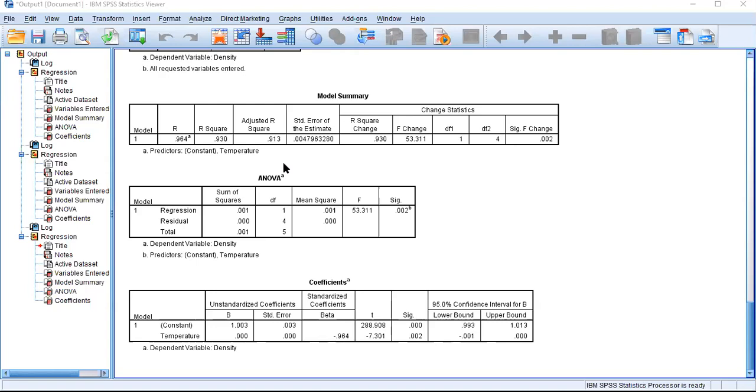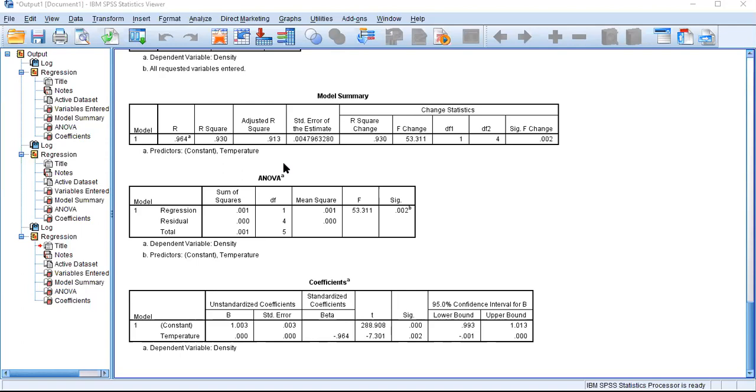What you need to know is the relationship between these values in each and every table. On the ANOVA table, I may decide to remove the sum of squares of the total, or one of the degrees of freedom. So find a relationship of how you can compute these values. I may say interpret the significance of the regression model. You should know what value to pick from which table.